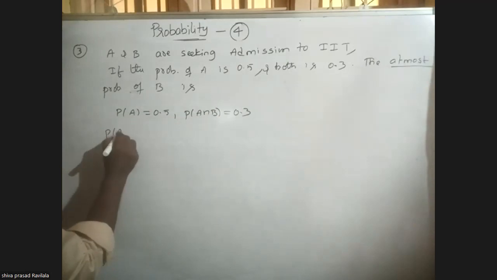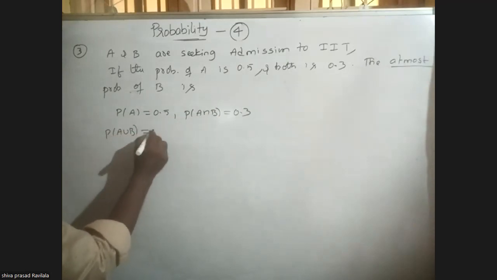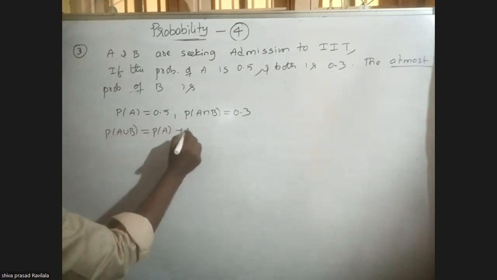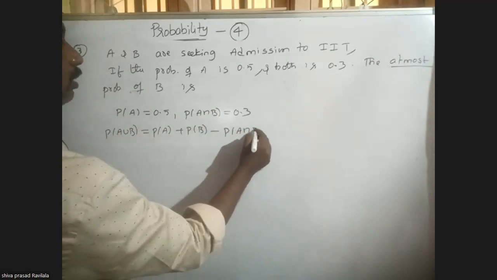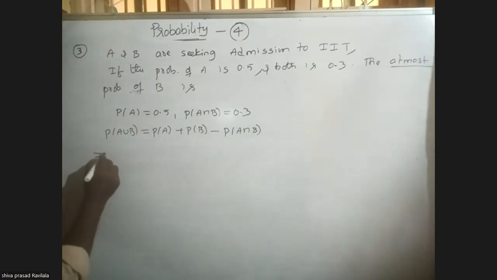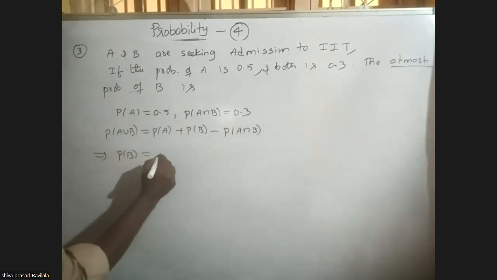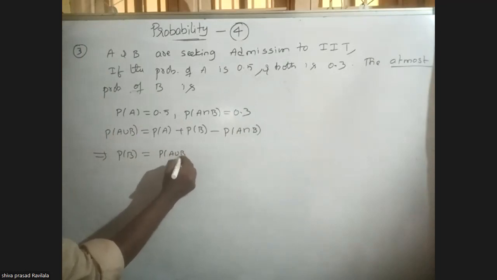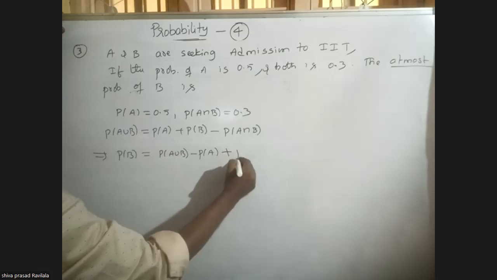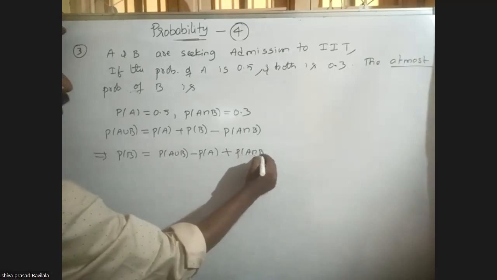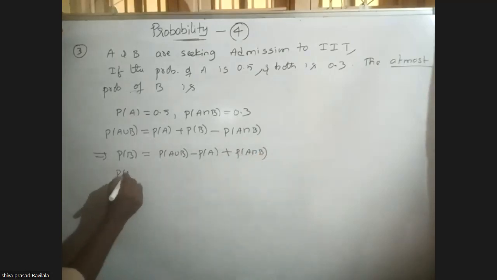Now probability of A union B is equal, or formula, probability of A plus probability of B minus probability of A intersection B. We are going to find the value of B at most. Therefore, probability of B is equal to probability of A union B minus probability of A intersection B plus probability of A intersection B.